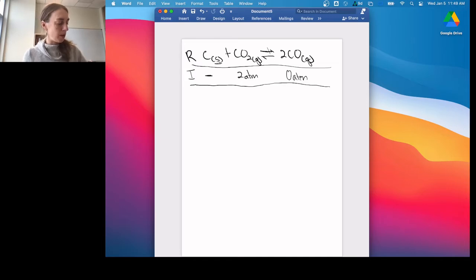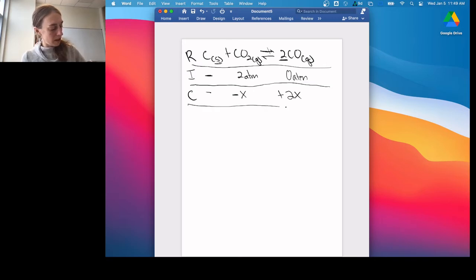We're assuming we have an infinite supply here. So our change then, again, we're not worried about this solid carbon, but we have minus x amount of carbon dioxide and plus 2x, because we have a 2 here for our carbon monoxide.